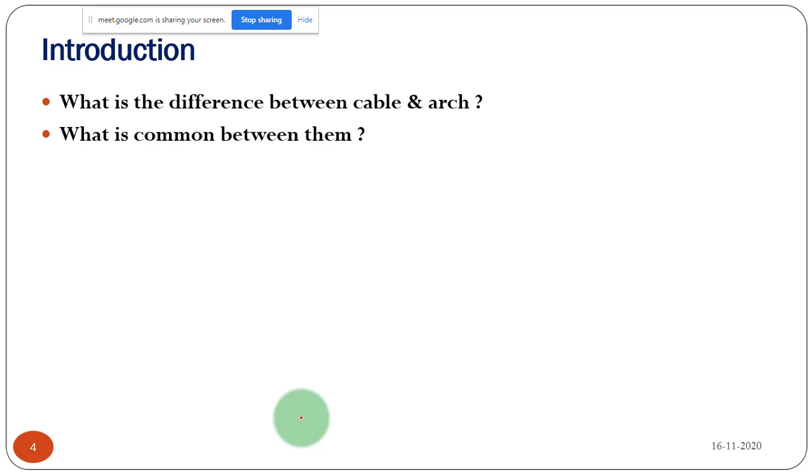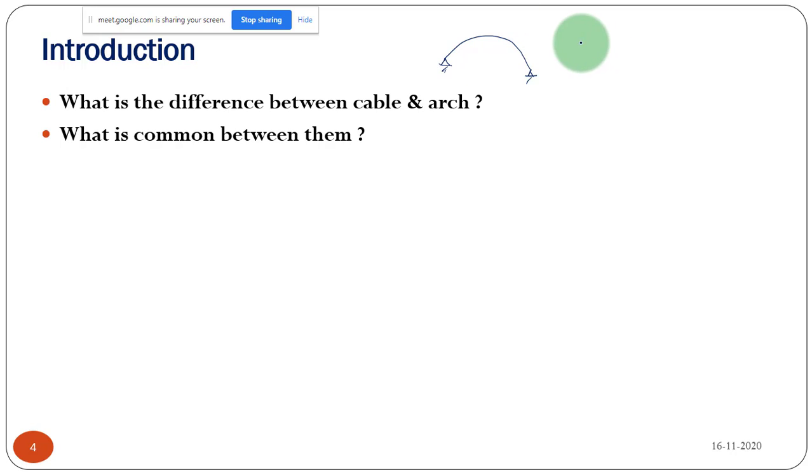That is look-wise. It will look something like that, right? I think the main difference is that cables are subjected to tension while arches are subjected to compression. Yes, very good, that is also a very precise answer.